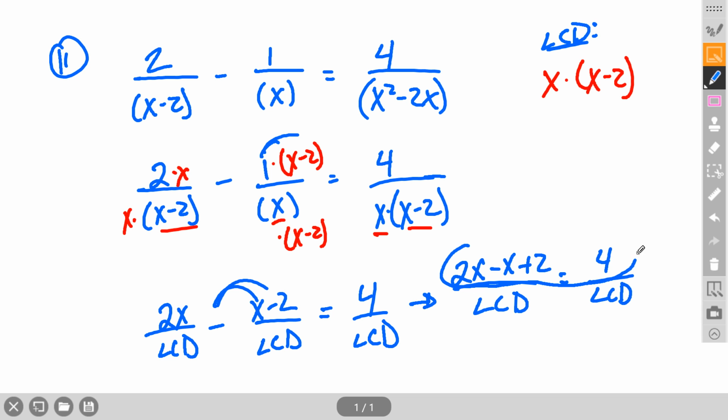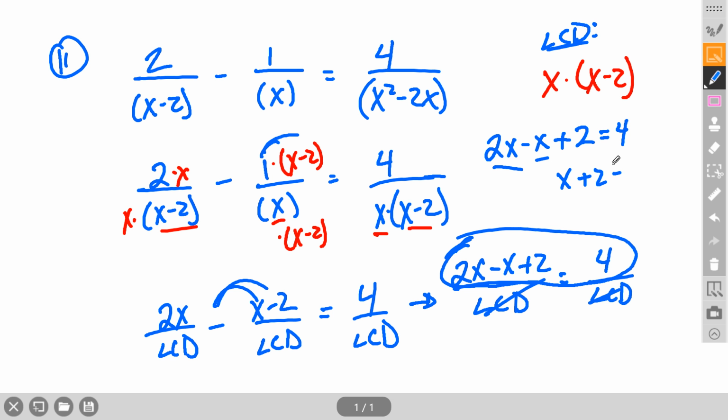And now that everything is over the LCD, I just need to consider the problem in the numerators. So 2x minus x plus 2 equals 4. Combine the like terms, 2x minus x, so we got x plus 2 equals 4. Subtract 2, x is equal to 2.